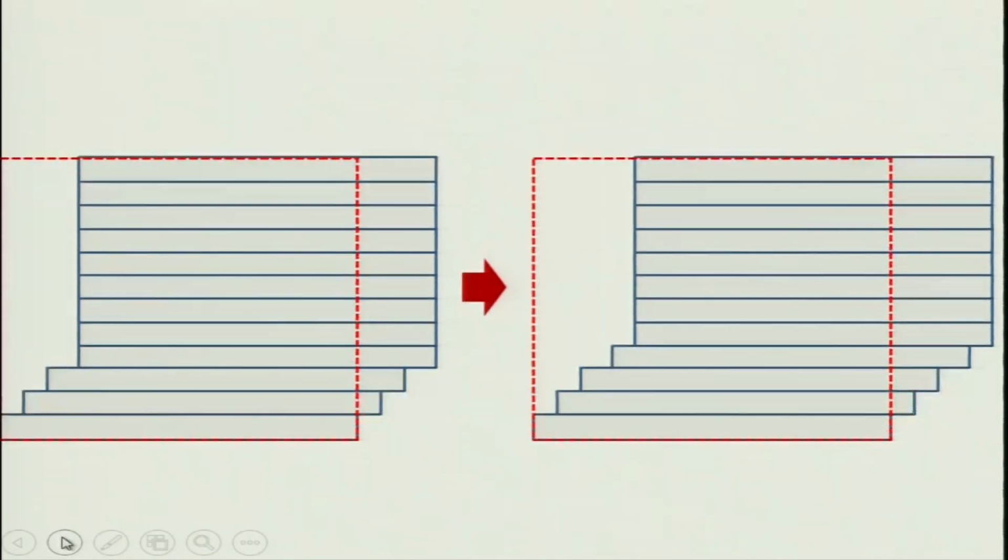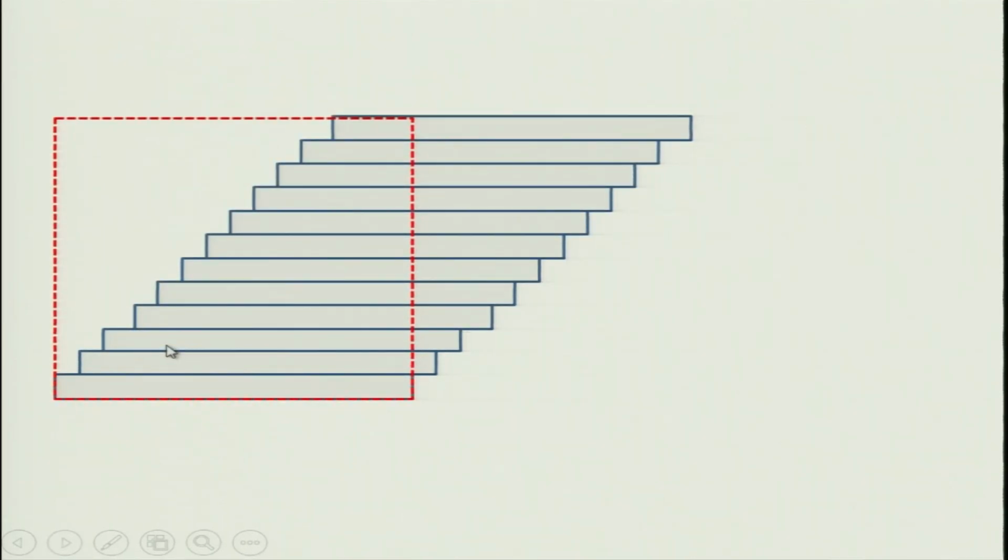So, if you keep doing that, you had the first one, you have the second one, and then you create the third one, and then you go 1, 2, 3, 4. So, you keep creating the steps, and when you look at it on a macroscopic scale, this is how it will look.